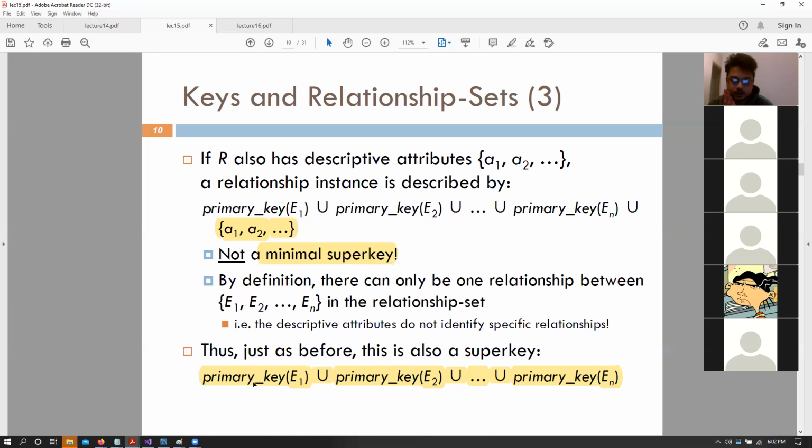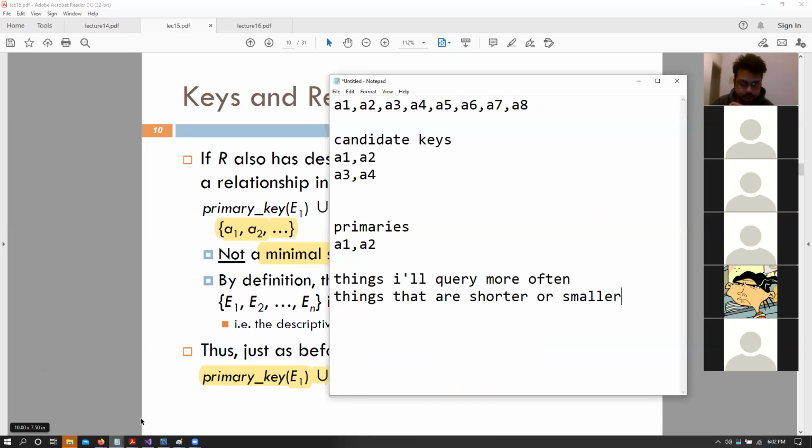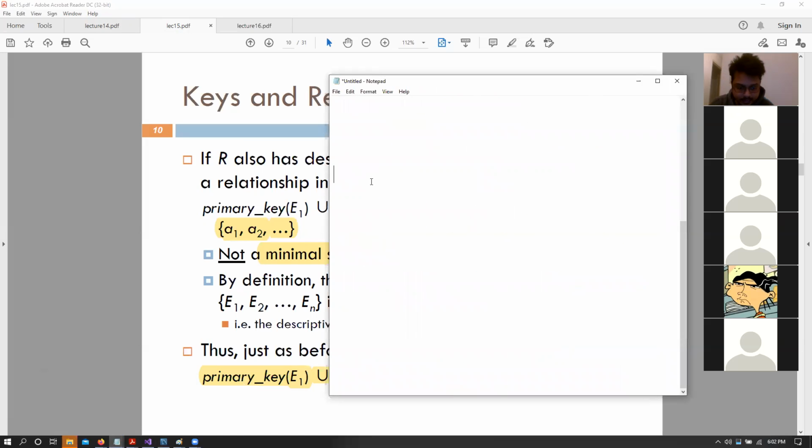let me pose this as a question. So let's say that I have 5 entity sets: E1, E2, E3, E4, and E5. Right? And let's say that each of those have their own primary keys.